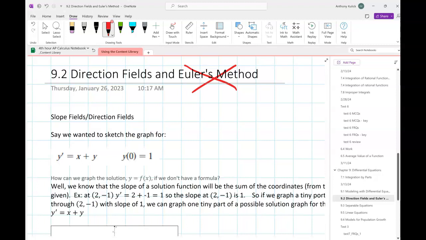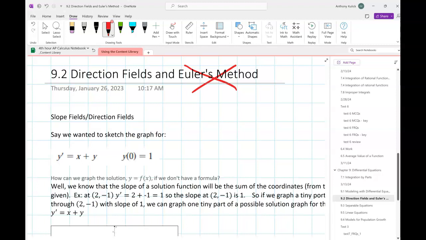So let's say that we wanted to sketch the graph for the differential equation y prime is equal to x plus y. So for the solution to that differential equation at any point (x, y), the slope of the solution at that point is just going to be the sum of the coordinates, x plus y.